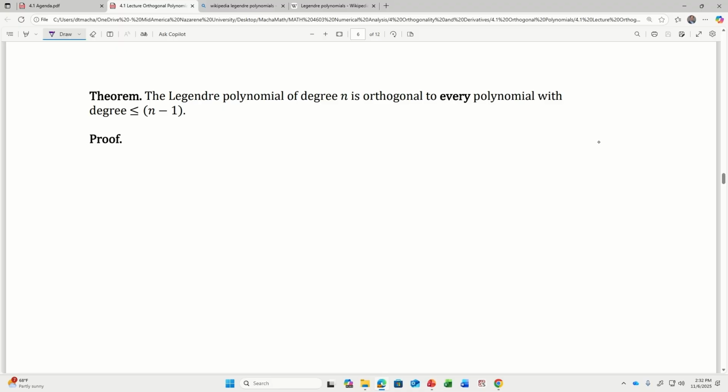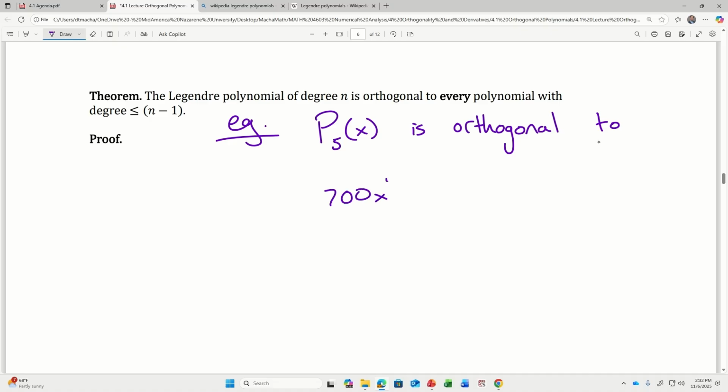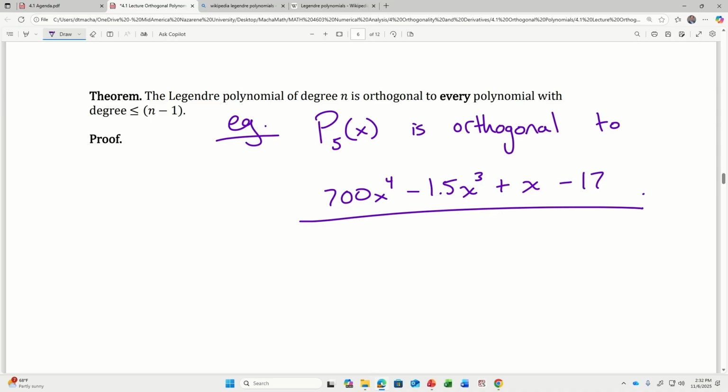What this means is, if I have the Legendre polynomial of degree 5, that's orthogonal to this polynomial and any other polynomial you can come up with of degree 0, 1, 2, 3, or 4. It's kind of neat.